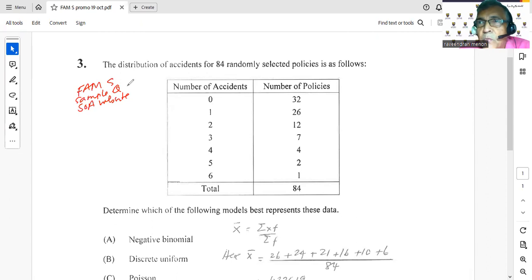I'm going to work out a value for the estimated mean, then a value for the estimated variance, and then make a comparison, and draw my conclusion. Pretty straightforward. I repeat, you also have a solution to this question on the SOA website. Please look at it and see what they have presented.